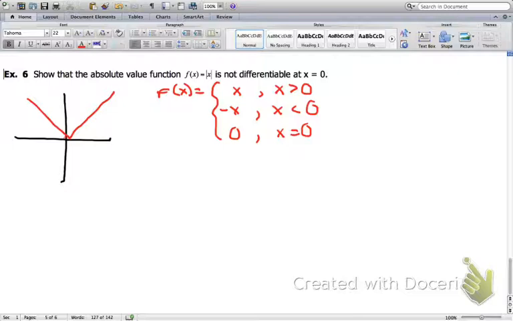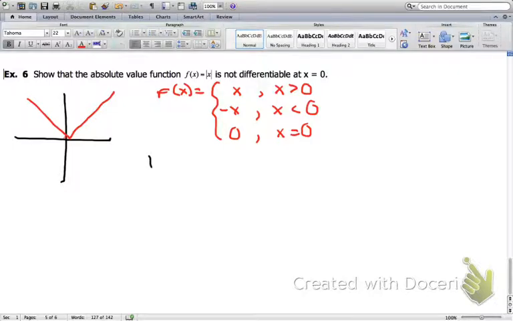This, remember, is called our piecewise function. What we can do is look at the limit on either side of 0, and this way we can show that this limit itself does not exist. If the limit doesn't exist, it's not going to be differentiable at 0.